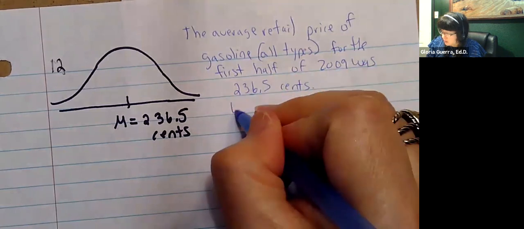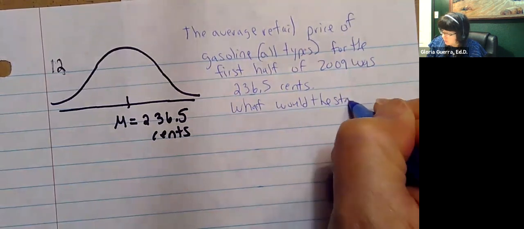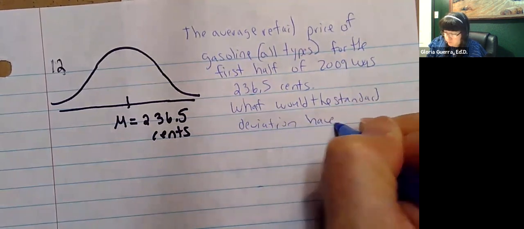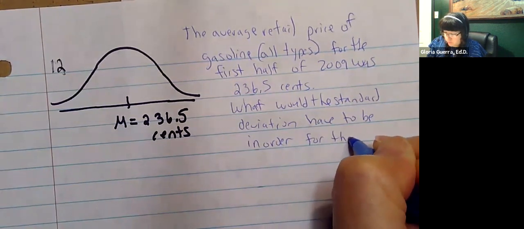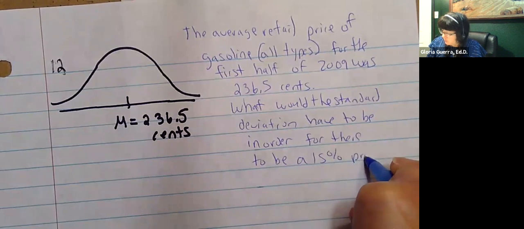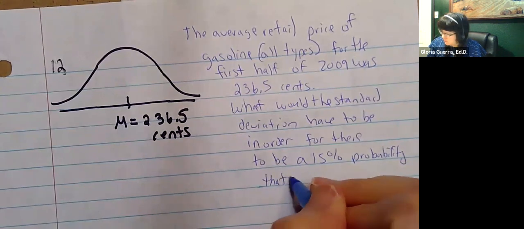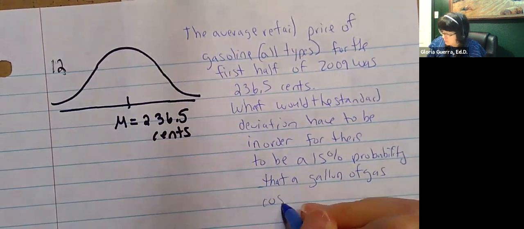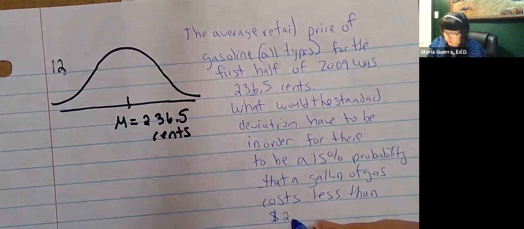Okay, and then it says, what would the standard deviation have to be in order for there to be a 15% probability that a gallon of gas costs less than $2?